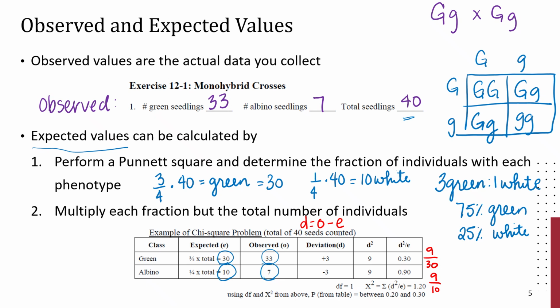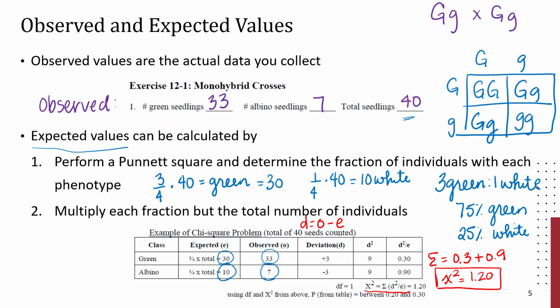Then the sum part, we are going to sum up our d squared over e values. So we're going to take 0.3 plus 0.9 to get our chi-squared value. So our chi-squared value equals that sum, which is 1.20.